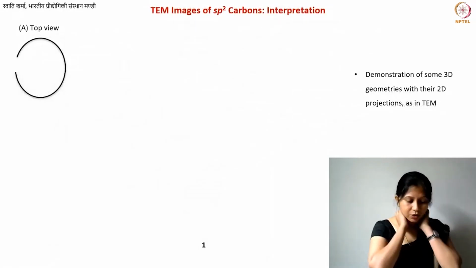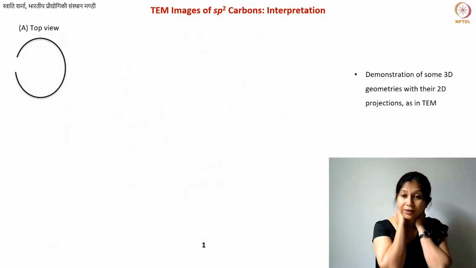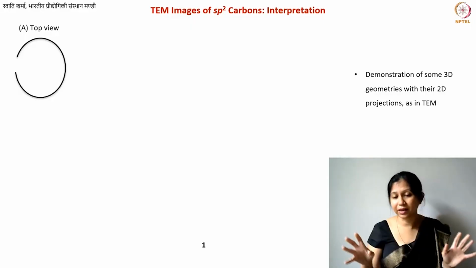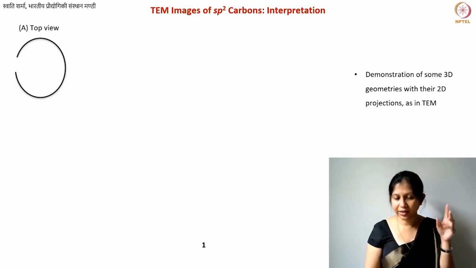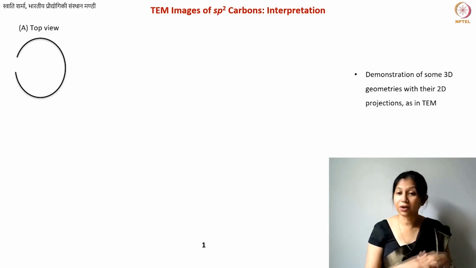Now coming to some more structures that you can potentially see in your carbon materials, but not necessarily. I'm just taking some very simple geometries to explain what I have just said. You see some circular, ring-like structure in your carbon. You can go back and look at the TEM image that I have shown.